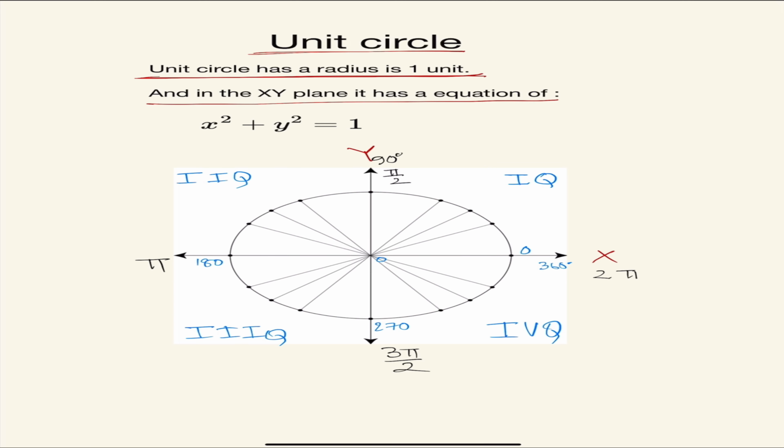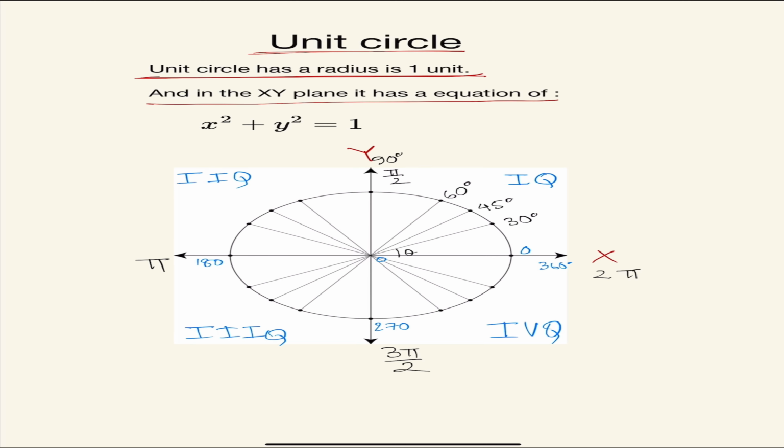So now look at this angle. Let's say these angles are theta, right? For this angle, theta here is just 30 degrees. This is 45 degrees. Then we add 15, this is 60 degrees.